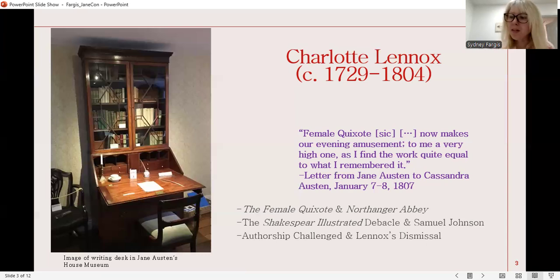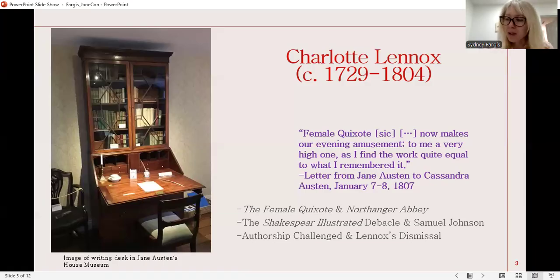So both Northanger Abbey and The Female Quixote center around naive young heroines who adore novels, and Austen's mockery of society's fear over the influence of Gothic romance on the female mind echoes pretty closely Lennox's mockery of society's dread over what might happen if a woman were to read too many chivalric romances.